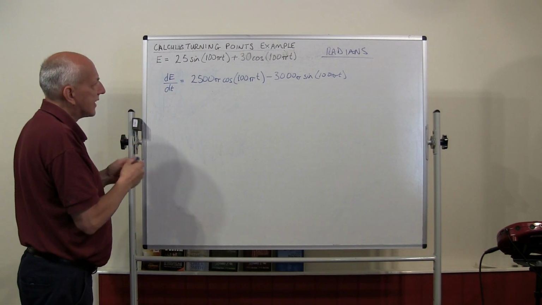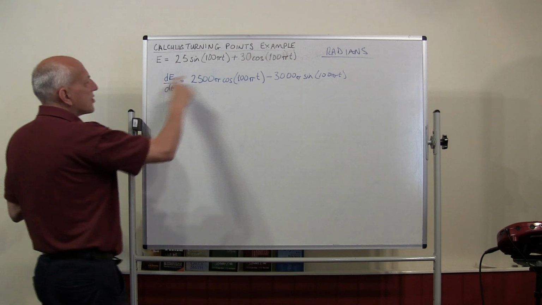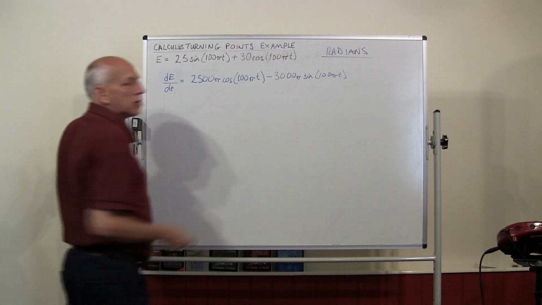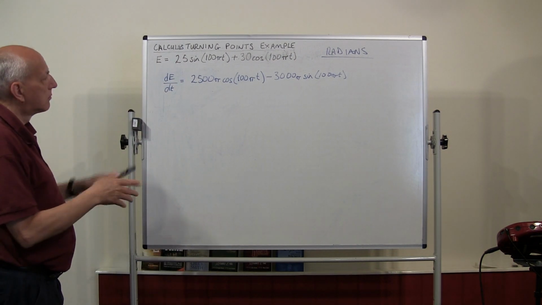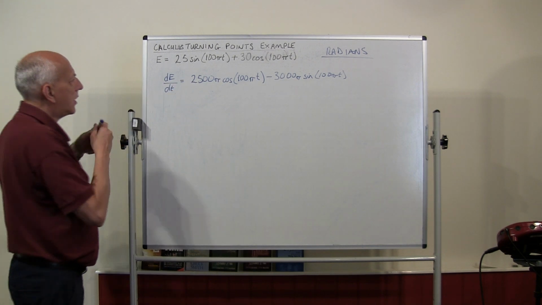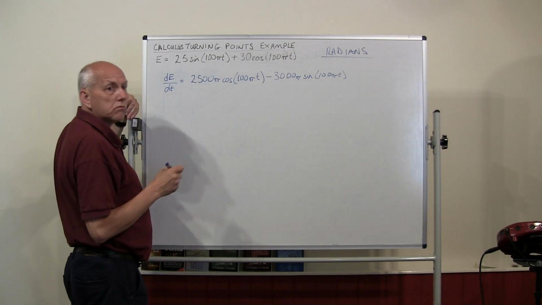Next step, set it equal to 0. So when all this equals 0, this part obviously must equal that part, otherwise it won't equal 0. Add them together or subtract them, adding them because one's a negative. It's going to equal 0.